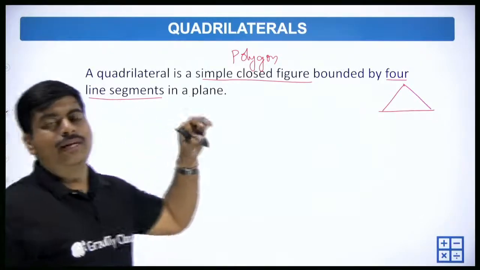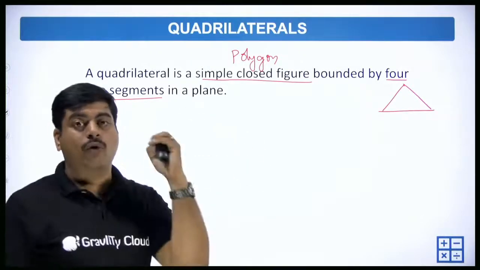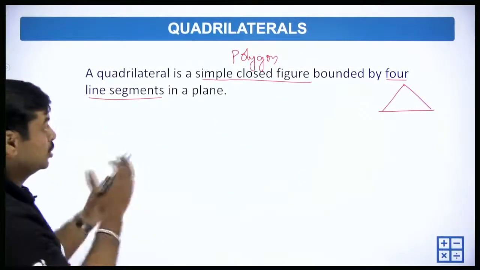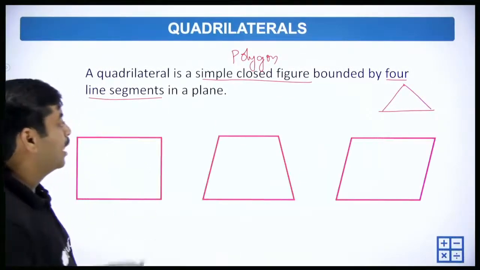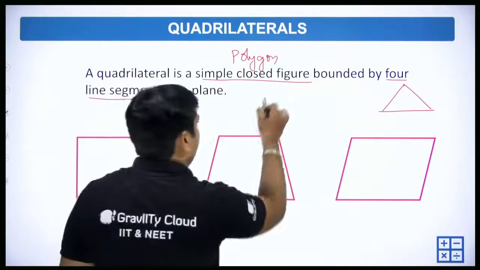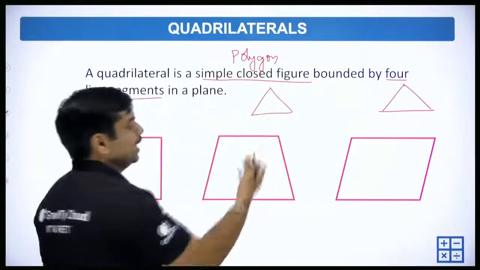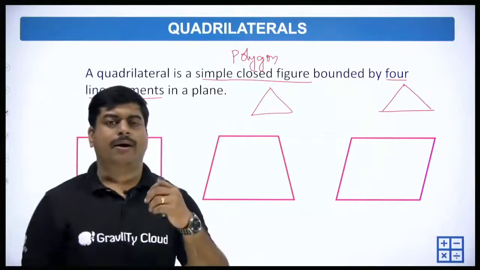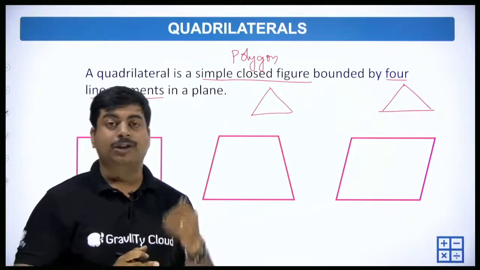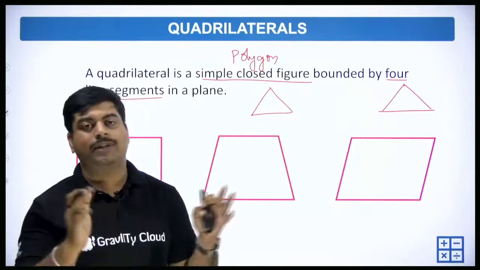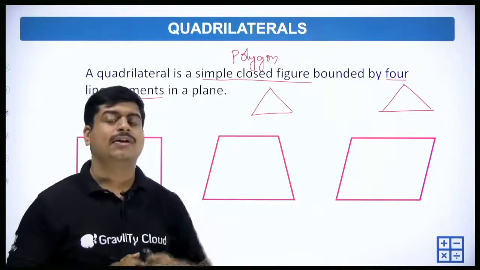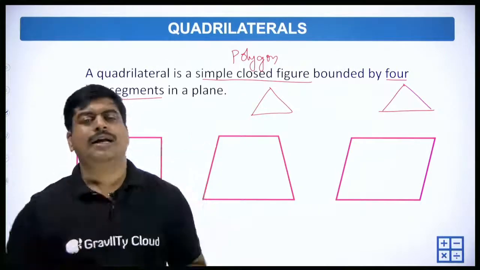Now we're discussing a polygon with four sides. A triangle we name based on side lengths: isosceles, equilateral, scalene; and based on angles also we have different names: obtuse, acute, right angle triangle.